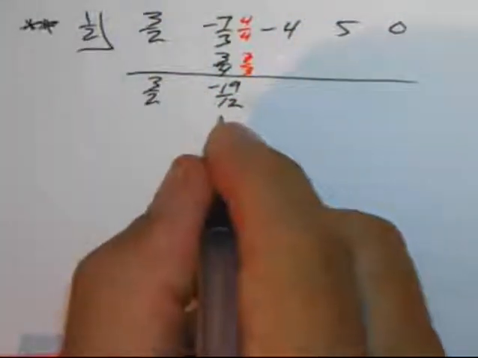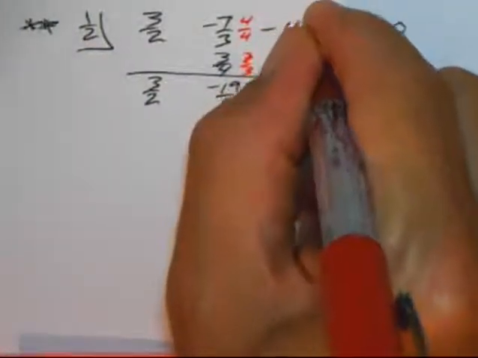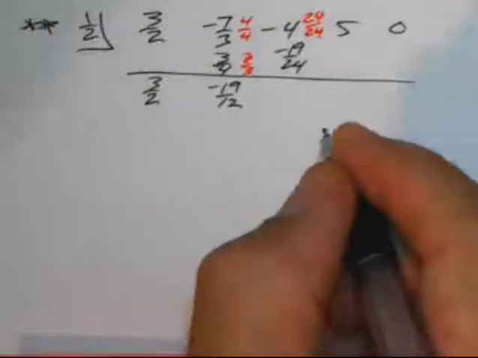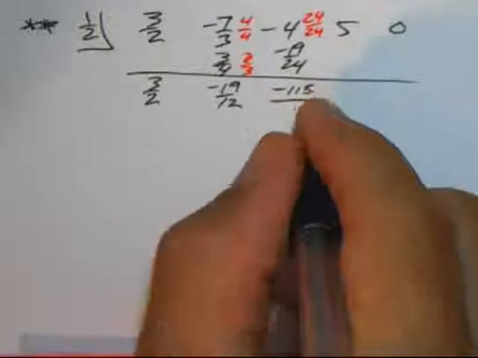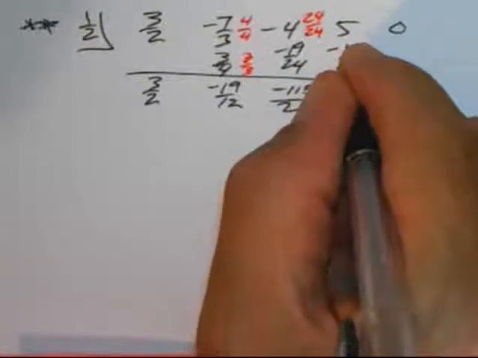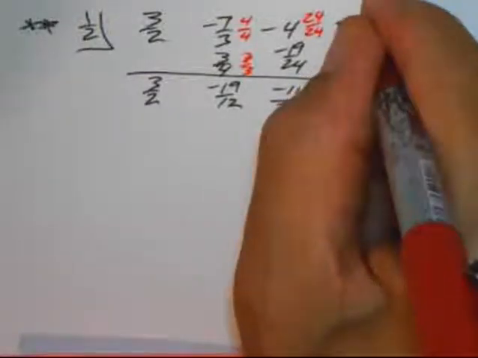And multiply. Negative 19 24ths. Negative 4 needs a 24/24 buildup. That would be negative 96 minus 19. That's negative 115 over 24. Multiply. Negative 115 over 48. 5 needs a 48/48 buildup.